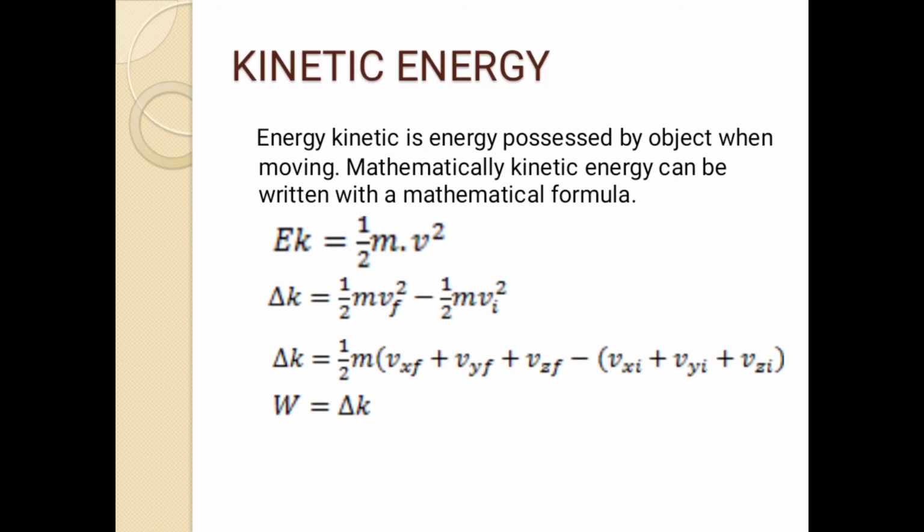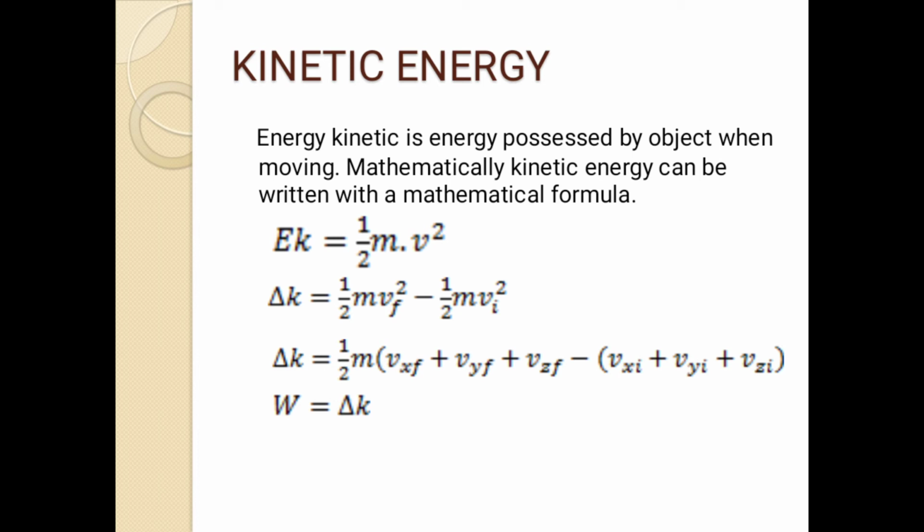So now kinetic energy. Kinetic energy is energy possessed by an object when moving. Mathematically, kinetic energy can be written with a formula. This is kinetic energy, this is the mass of the object, and this is the velocity of the object.